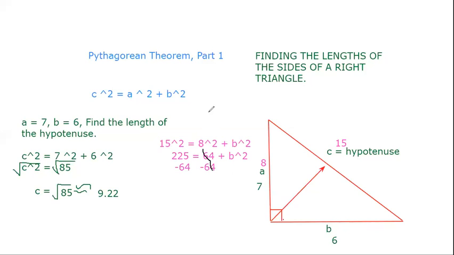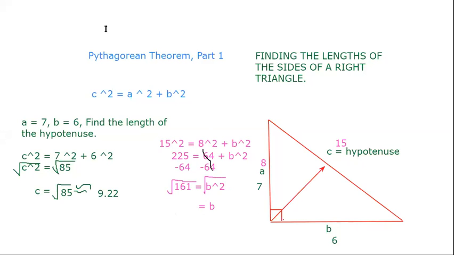These will cancel. So 161 equals B squared. Now, how do we solve for a variable that's being squared? Take the square root of both sides. The square root of 161 is going to equal B.